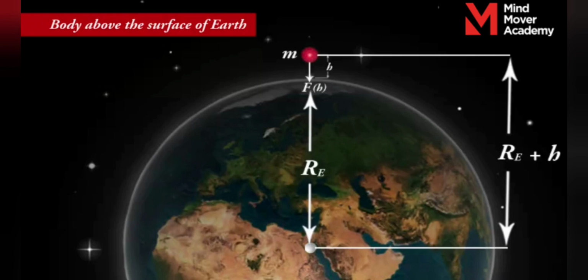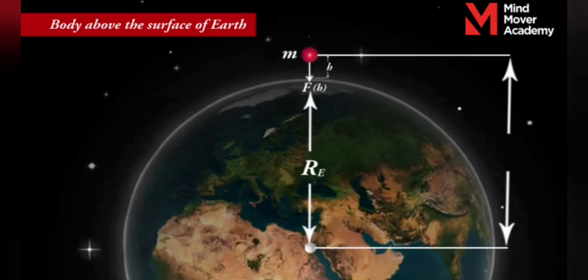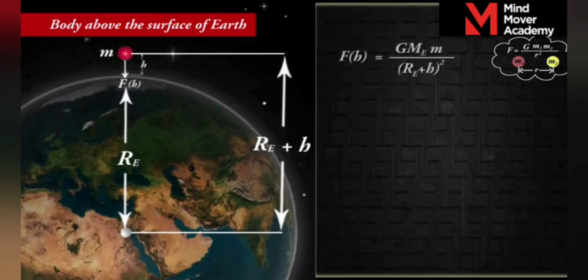Its distance from the center of the Earth is Re plus h. If Fh denotes the magnitude of the force on the point mass m, we get Fh is equal to G Me m upon Re plus h whole square.